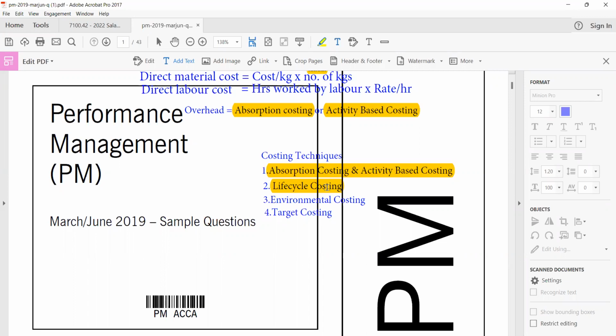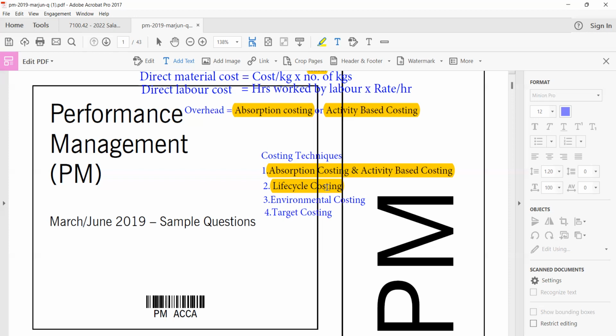If you look at the current situation with the examining team, these first four costing techniques, I'm talking about absorption costing, activity-based costing, life cycle costing, environmental costing, target costing. The most important ones from an examining perspective happen to be activity-based costing and target costing.